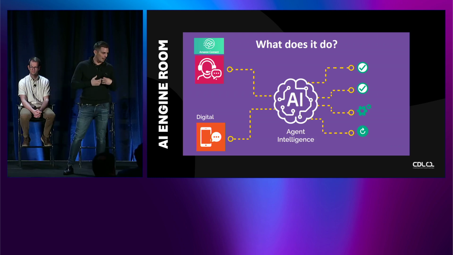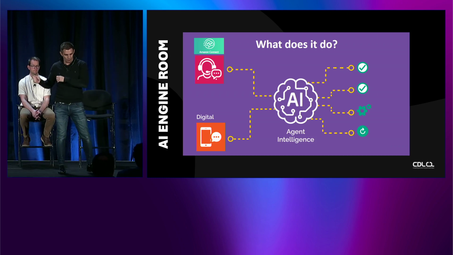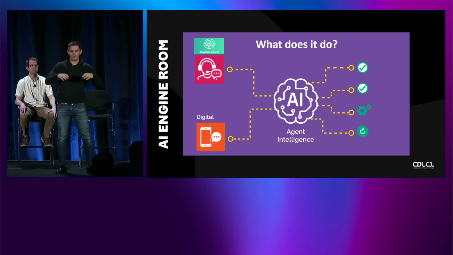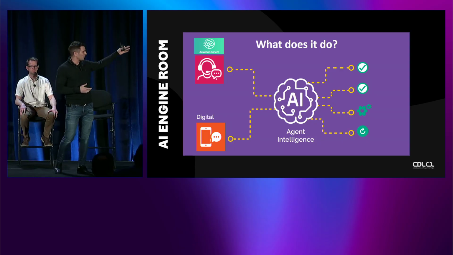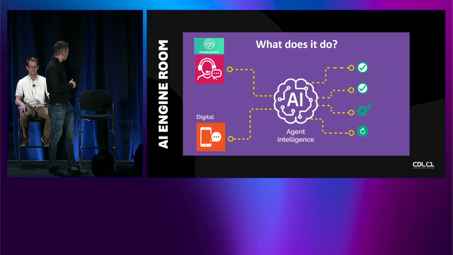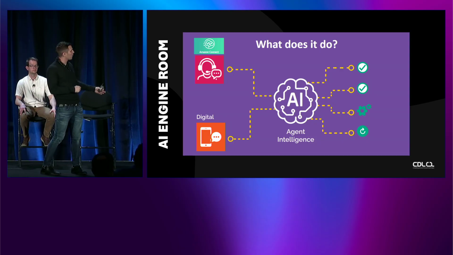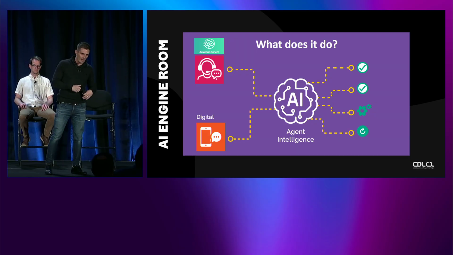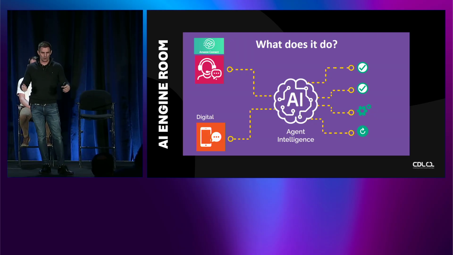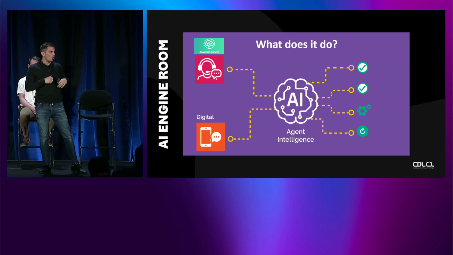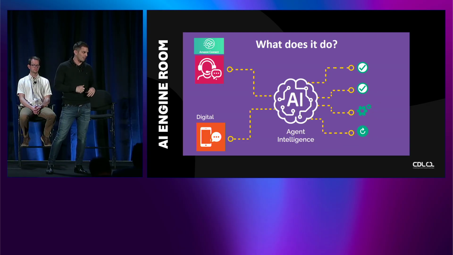And then going back to the start, we wanted to throw all the products in a bin and build this brand new AI thing. What we've got in the middle is this AI engine room that Matt spoke about before, agent intelligence. And that's what we are engaging our customers with now. So it's not mass wholesale change, it's a compliant product.